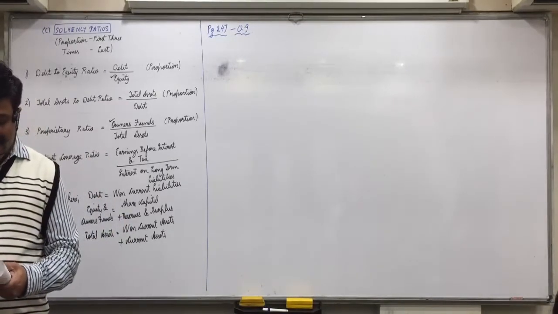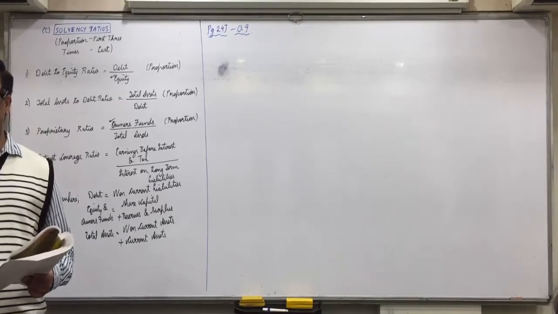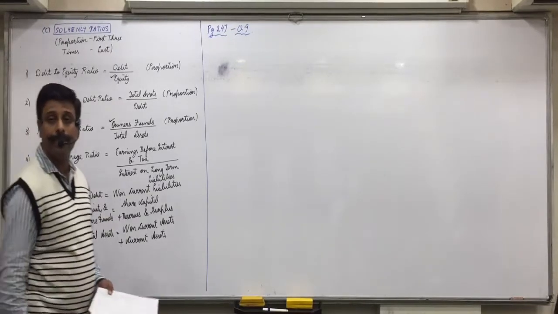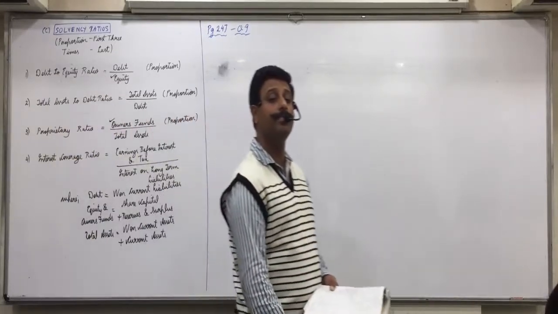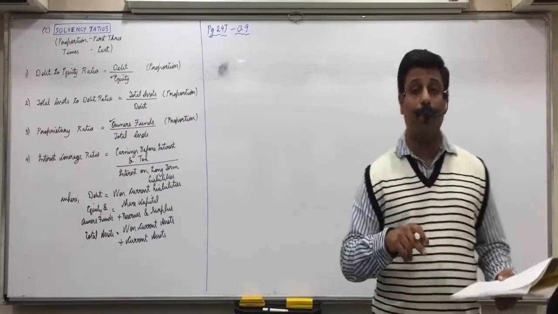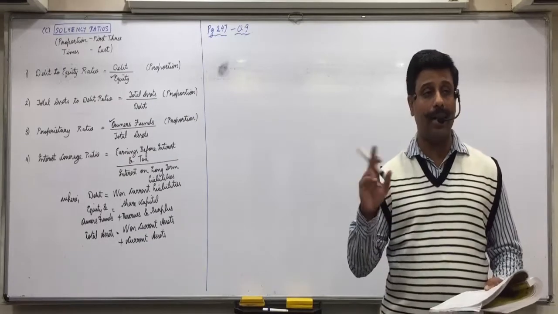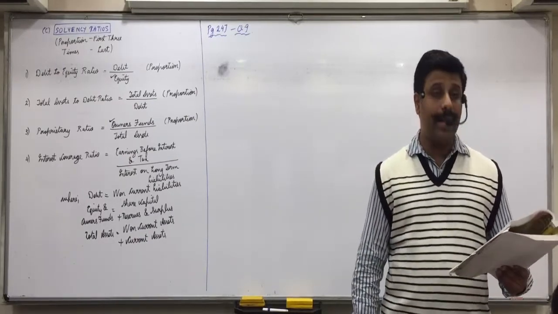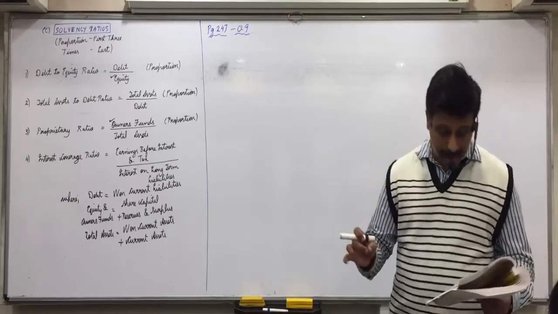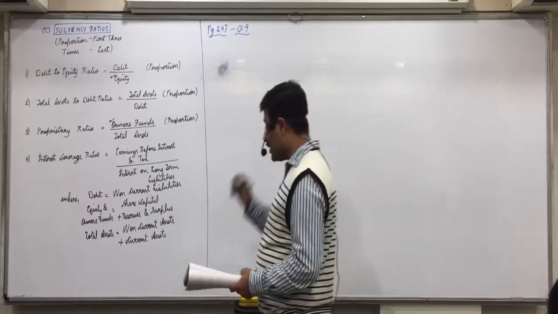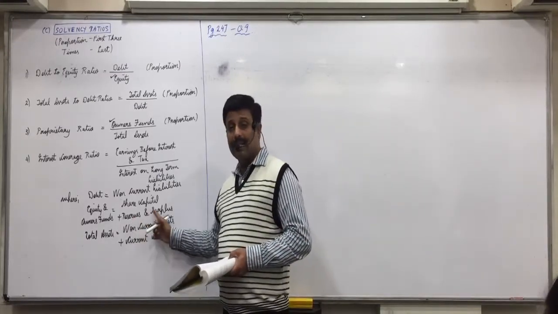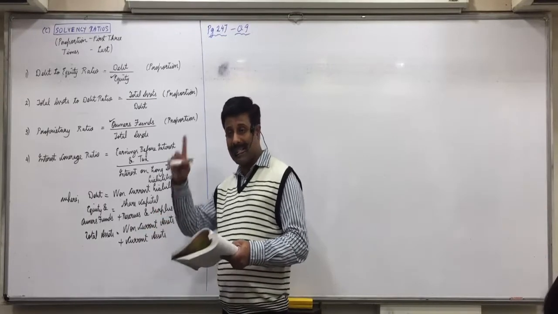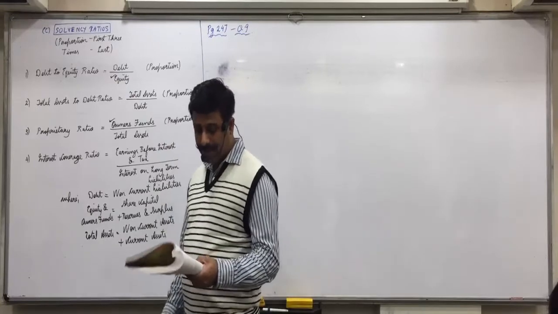So long-term liabilities will come in non-current liabilities, debt, mark it as D. Even long-term provisions will come in debt, mark it as D. Debit balance of profit and loss account, in reserves and surplus, you will minus, so mark it as E minus.